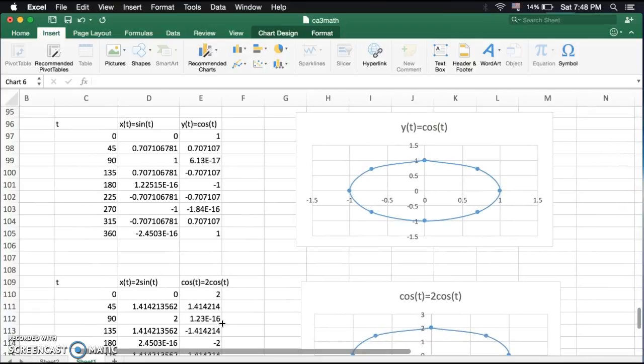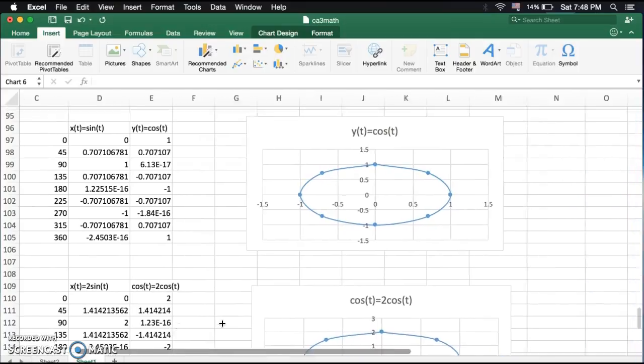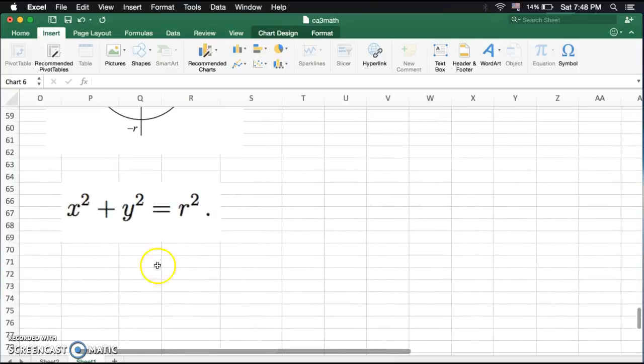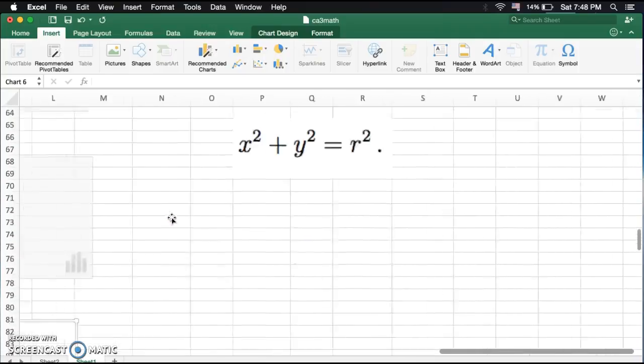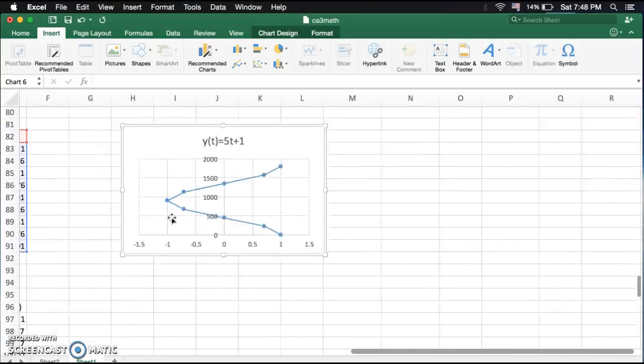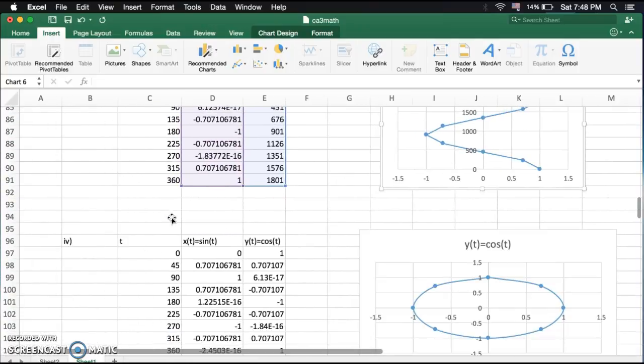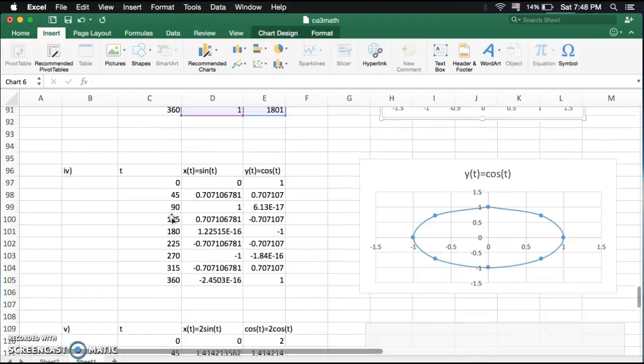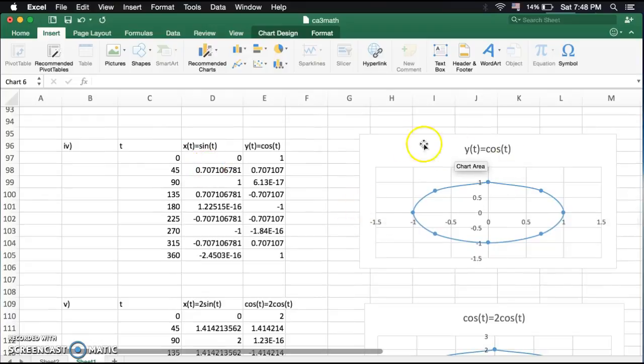For circular motion, we know that x squared plus y squared equals r squared. So in circular motion, we have sine squared t plus cos squared t equal to 1. Let's see this example.